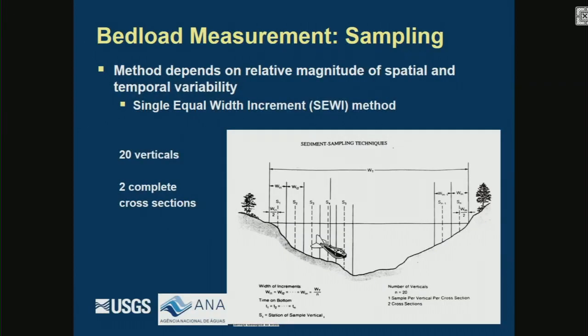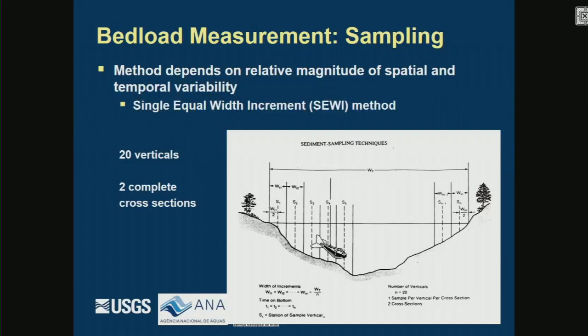So I'm not going to focus on these names. This is what I was talking about before, the 40 times to hit the bottom. There are 3 different methods, and the names are a little bit confusing. The main thing here is you're going to go 20 verticals, they're equal width, and you're going to do 2 complete cross sections.